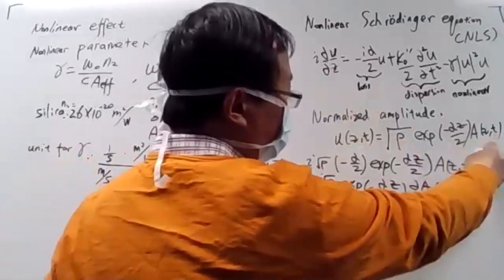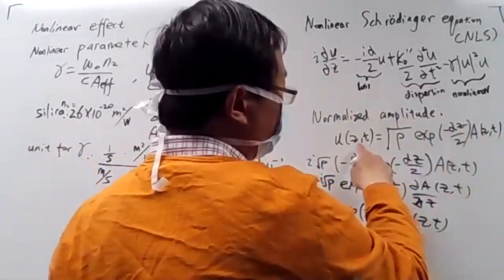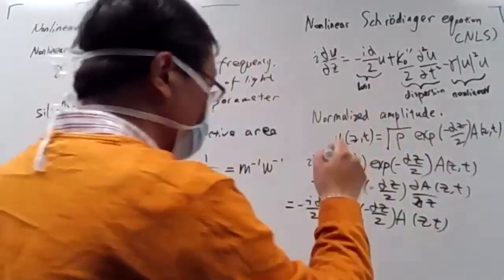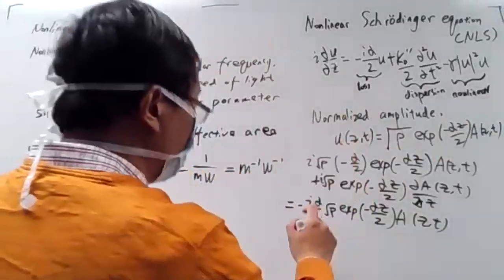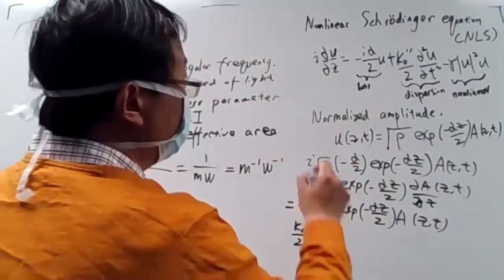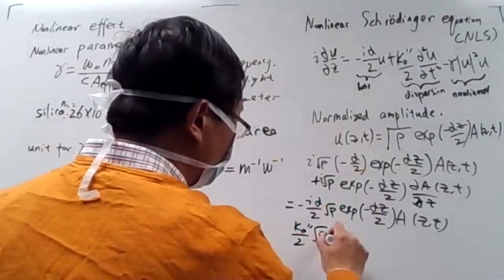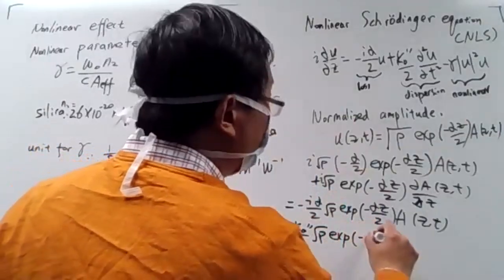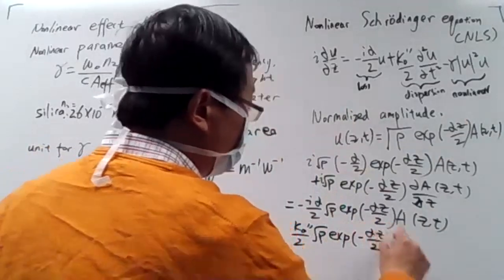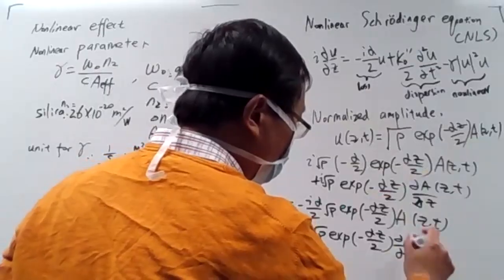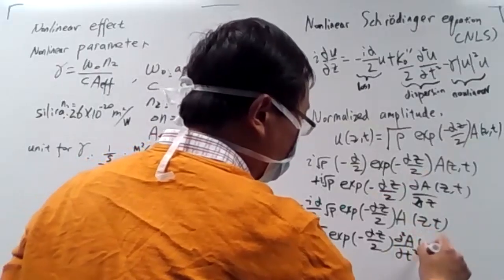The t is only contained in the A, so we'll just transfer this derivative to this A. So it's k naught double prime over 2, and then square root of P, exponential negative alpha Z over 2, and then take a derivative with respect to t twice.